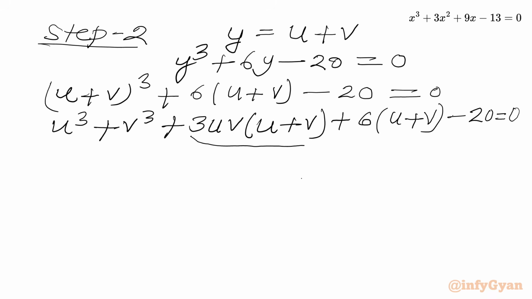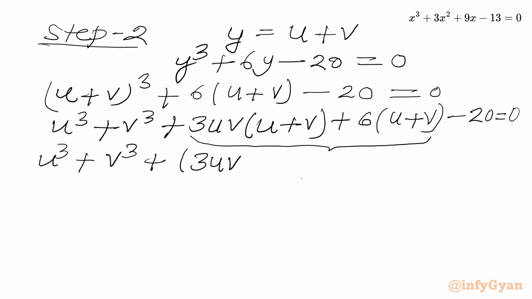From these two terms, we can take u plus v common. So we will write u cube plus v cube, plus u plus v is common, so in the other bracket, we will get 3uv plus 6, times u plus v, minus 20 equal to 0.